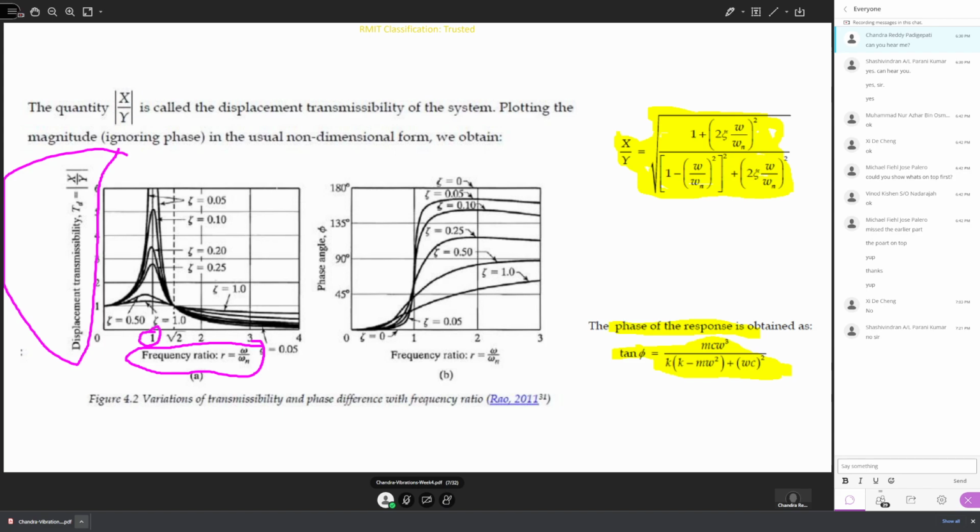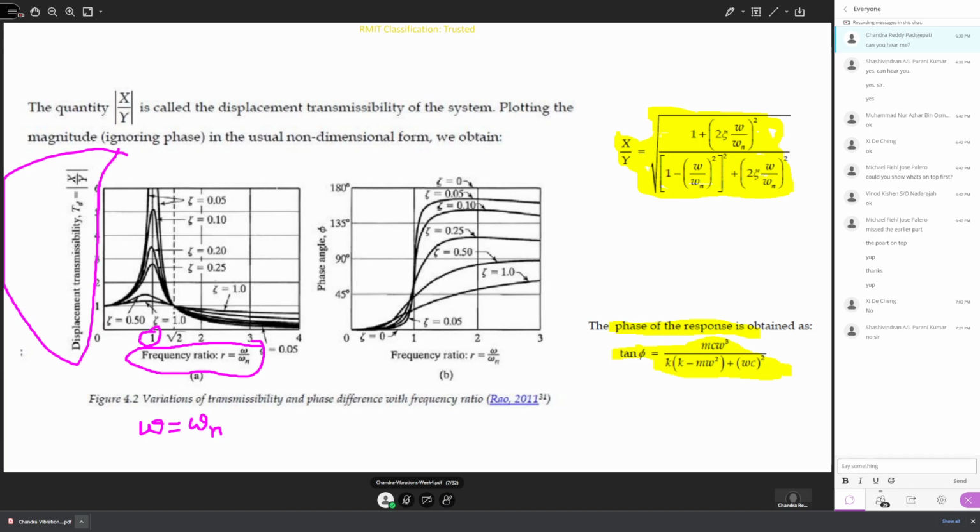So this is because of the resonance condition. When the frequency ratio is 1, it means omega is equal to omega n, the natural frequency of the system. So that means resonance is taking place. So during resonance, the amplitude ratio or the displacement transmissibility is maximum.